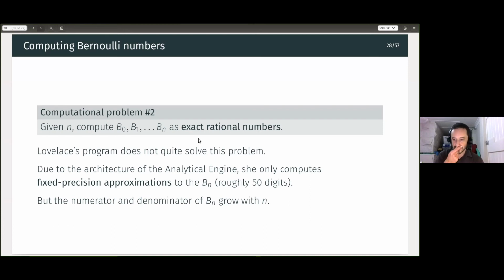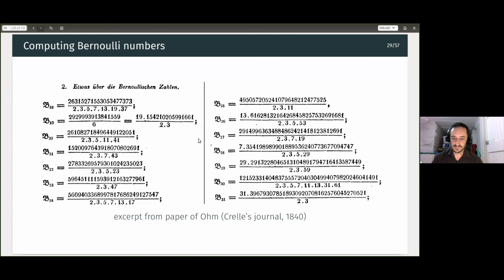So to illustrate this, I want to show you another paper. This is from 1840. This is a paper with basically a list of Bernoulli numbers up to, well, the numbering is different, this would be B62 in my notation. And you can see, first of all, that the numerators and denominators, well, the numerators are growing. The denominators are a bit irregular, but he's given the factorizations of the denominators and a little bit about the factorization of some of the numerators.